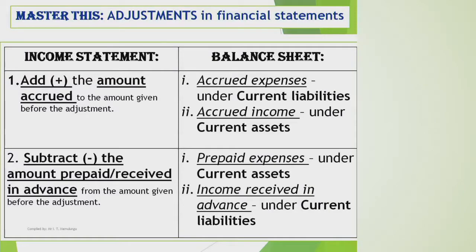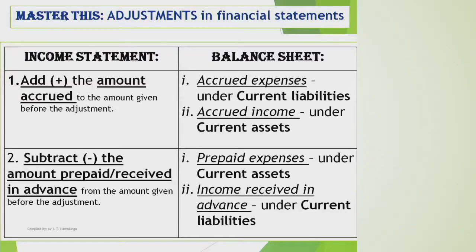Okay. Number two, subtract the amount prepaid and received in advance. So everything that is stated in your additional information, and it's an amount which is paid in advance or received in advance, subtract it from the information in the trial balance to get the correct amount.